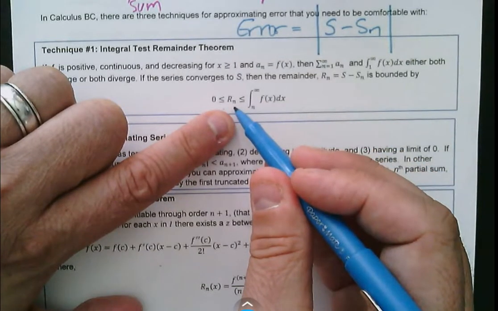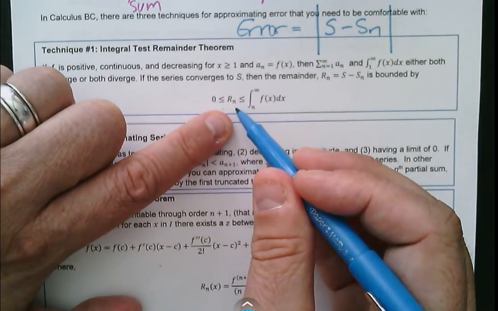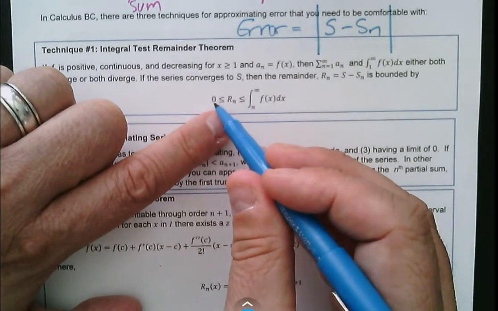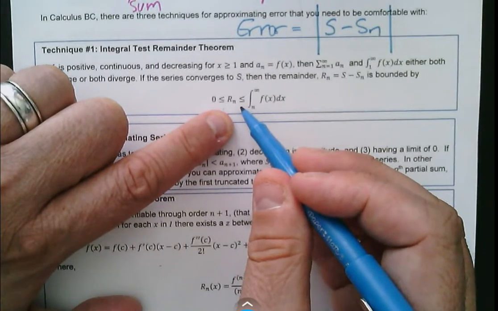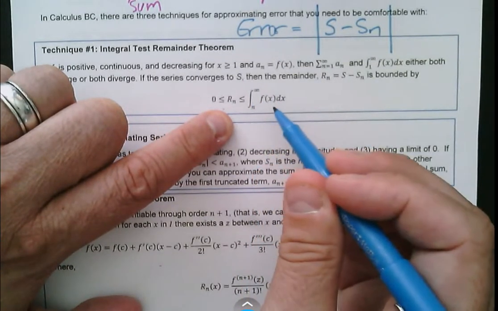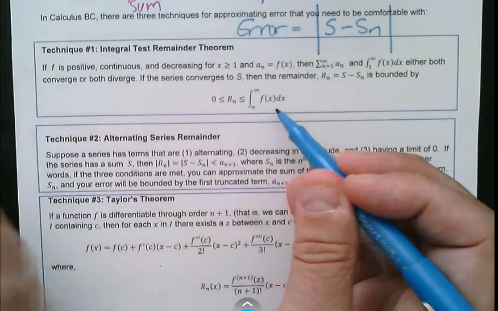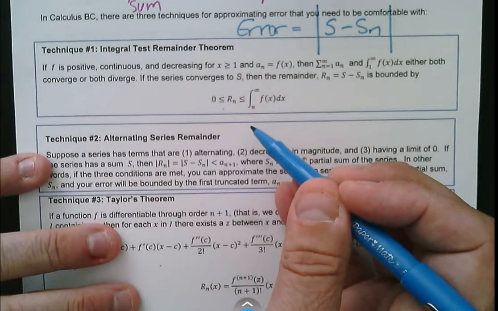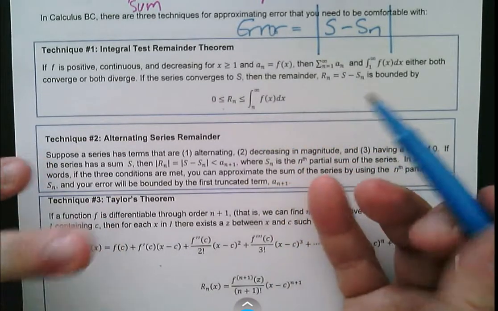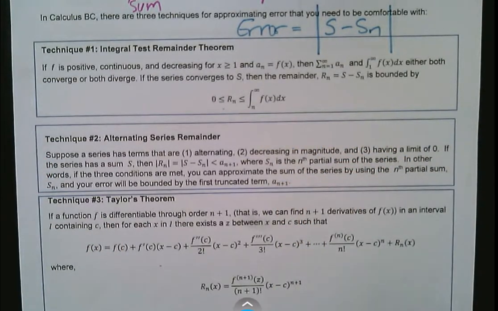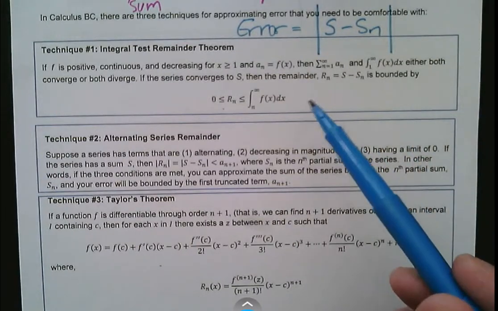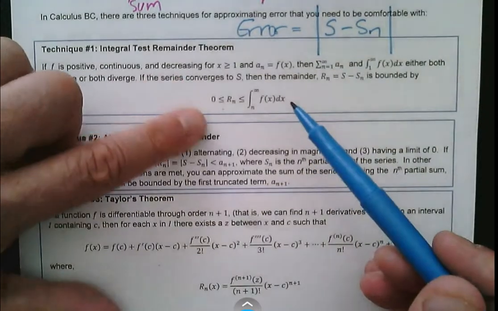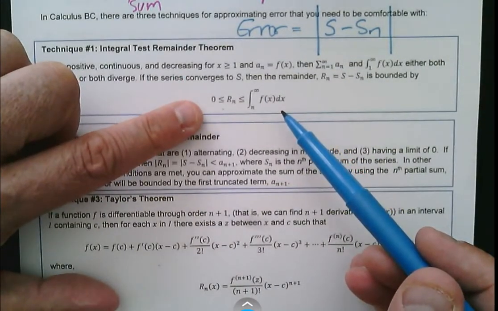So if I'm summing the first 4 terms, for example, the remainder is greater than or equal to 0, but less than or equal to the integral from 4 to infinity of f of x with respect to x. This bound can be proven using some ideas from Riemann sums. We're not going to prove that this error bound works. We're going to assume that it does, and this is error bound number 1, the integral test.